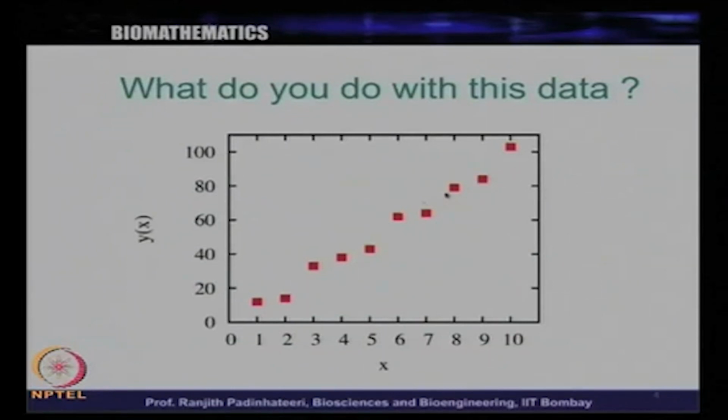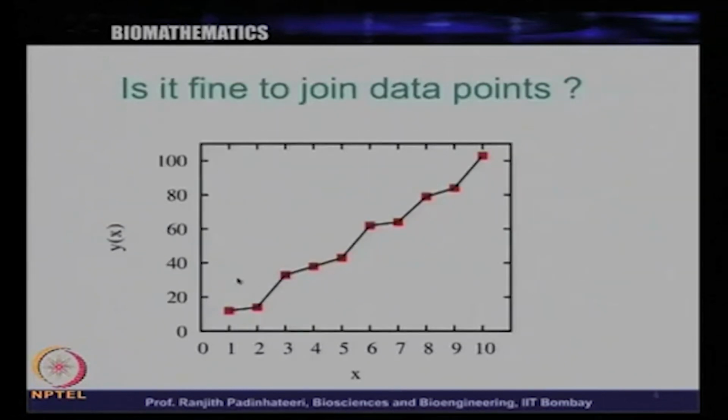Looking at these points, before concluding anything, the tendency is basically to join the data points. Is it fine to join data points like this? The answer is no. It is incorrect to join the data points with some curve like this. It doesn't mean anything.